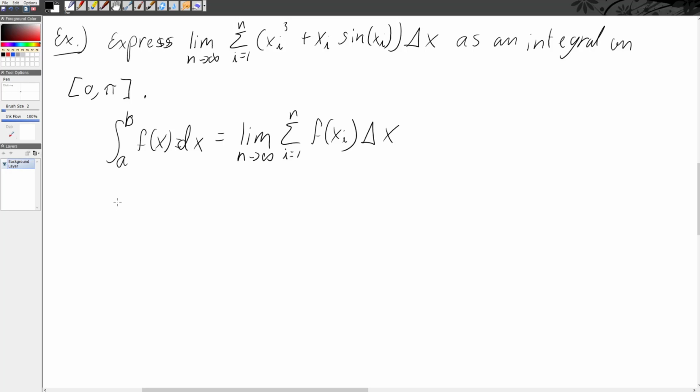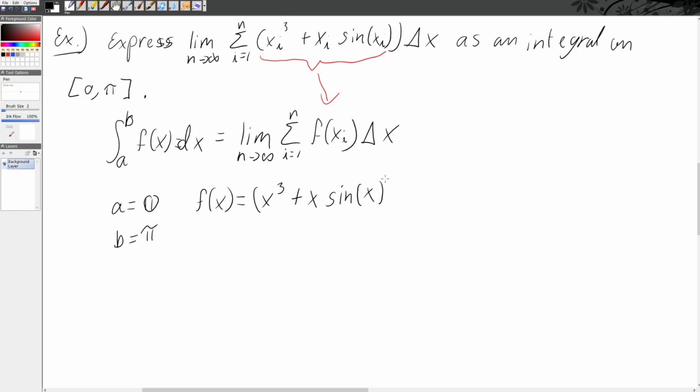Well, we already know a and b. They tell us a and b. a is 0, b is pi. Inside here, that is indeed the f of x. So the f of x is actually equal to x cubed, wherever you see an xi, just replace it with an x, plus x sine of x.